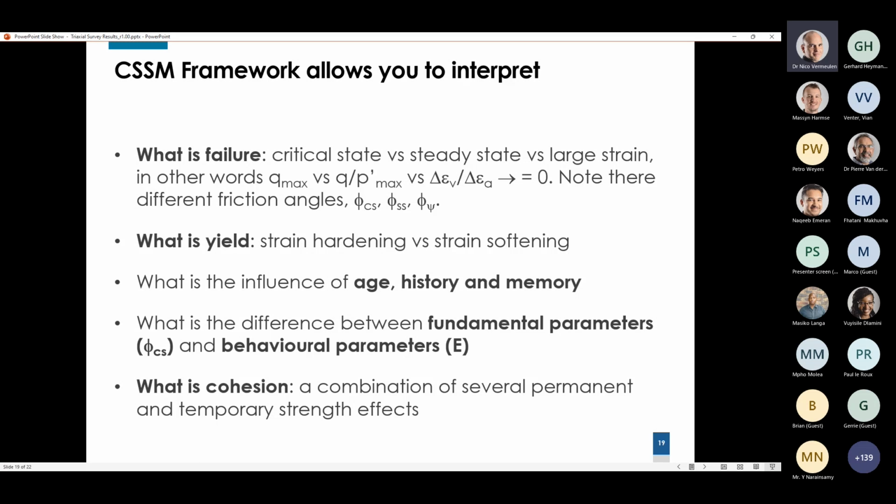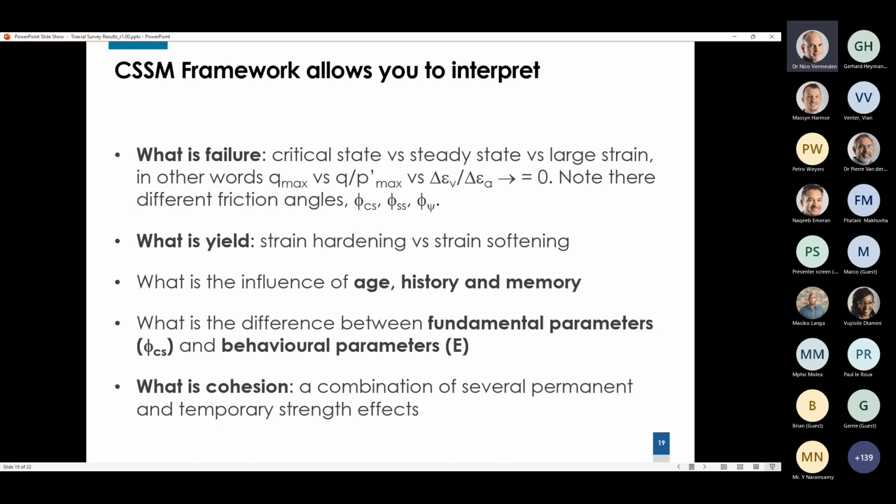And that will help you to answer questions such as what is failure. We've repeatedly said that you have to pick the endpoints on your stress path and then fit a line through it and report the slope of that line as the friction angle. But what is failure in soil mechanics terms? We have things called critical states, and we've got other things called steady states, and they are different. We've got states that only develop once a sample has been sheared to very, very large strains.